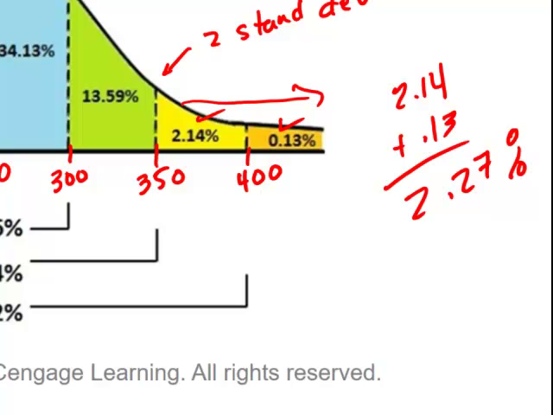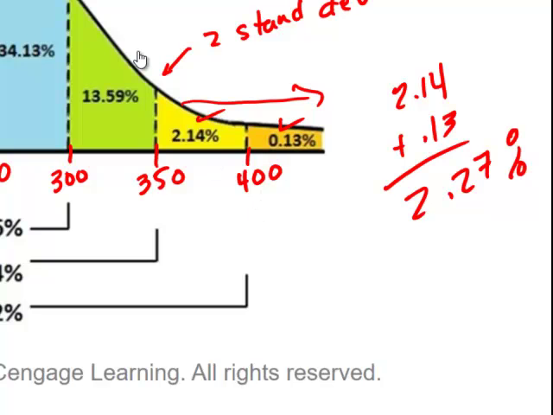How many students would I expect to score at least 200? At least 200 means from here on. Unless you get a different color pen. So let's go for ink color. How about blue?